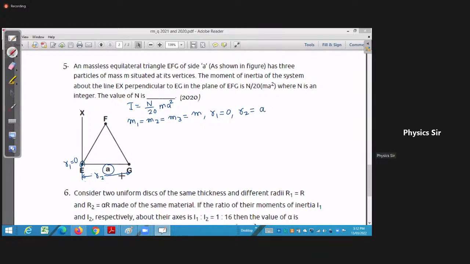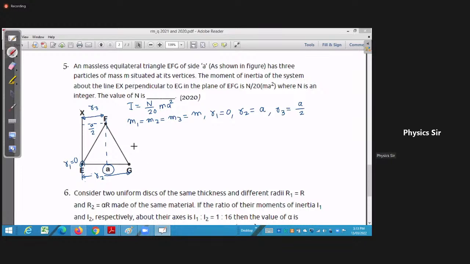And what is r3? I need to calculate this distance also. This is exactly half of a, so r3 will be a by 2.